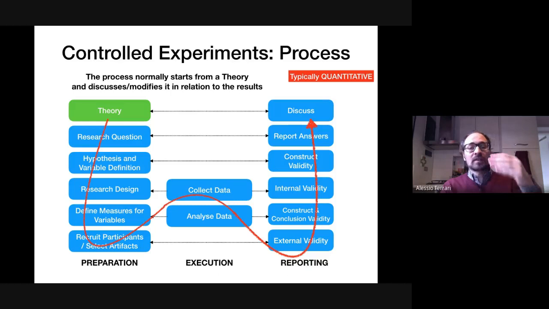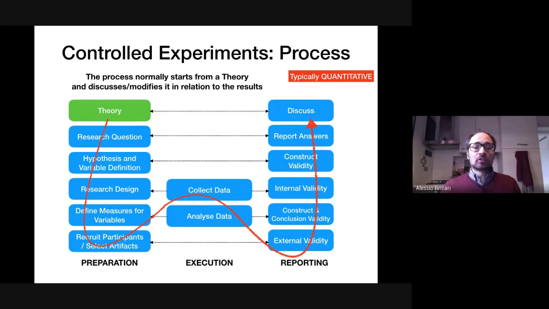So you start from the theory, and you build some research questions in the way that I explained last time. You create hypotheses and variable definitions, so you operationalize the constructs of the theory through variables, as you remember from the terminology that we used. And we do our research design.